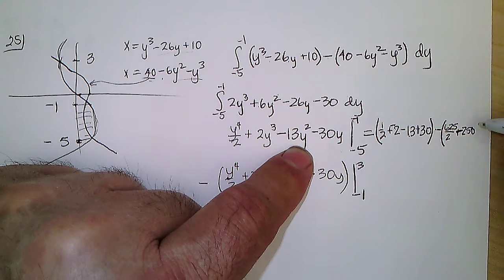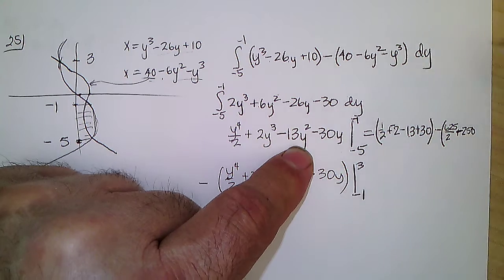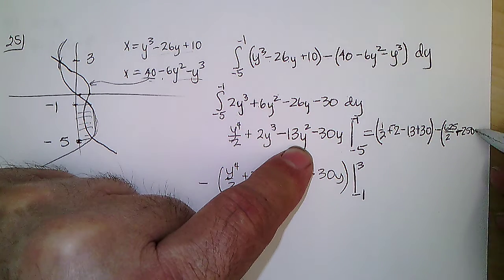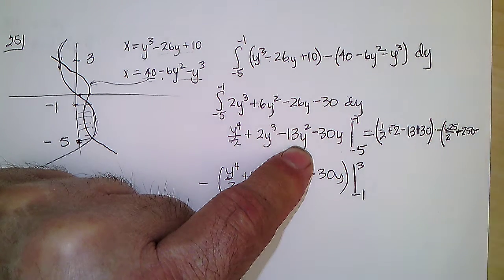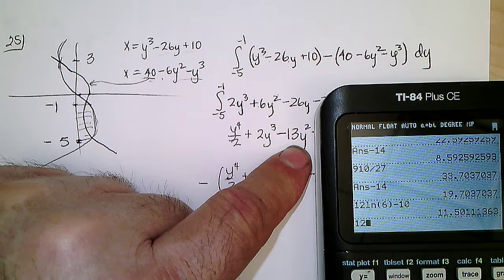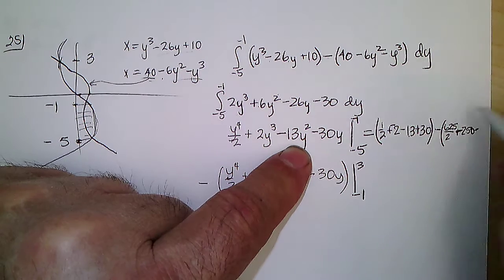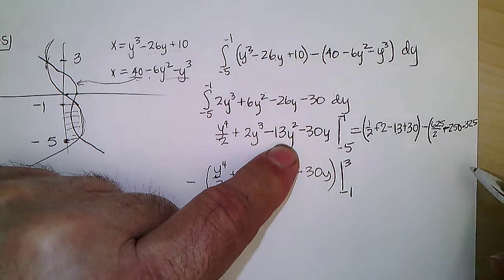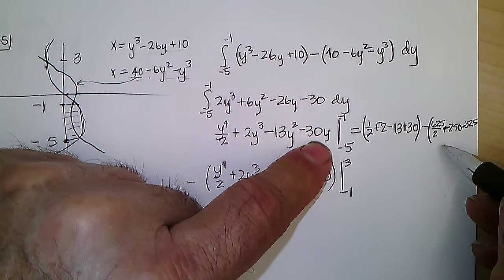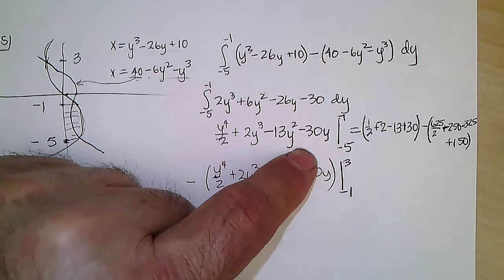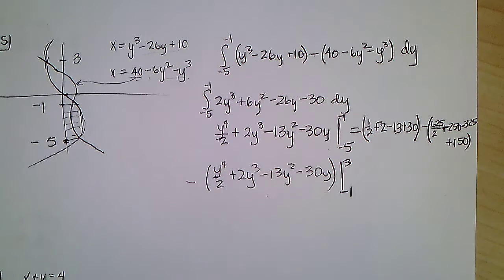Oh, 25 times 13. That would be minus 25 times 13, $325 minus $325 plus $150 for that one.